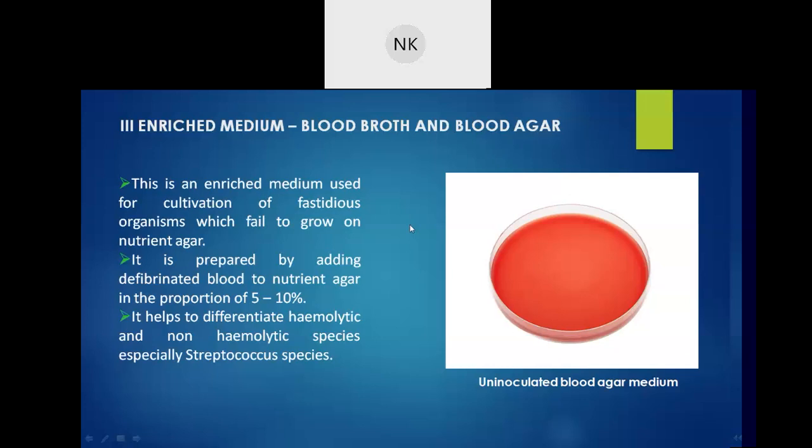Nutrient agar is a basic or basal media which does not contain any special nutrients. Fastidious organisms are those which require special kinds of nutrients for their growth, so they are not able to grow on nutrient agar, which is a simple or basic media.